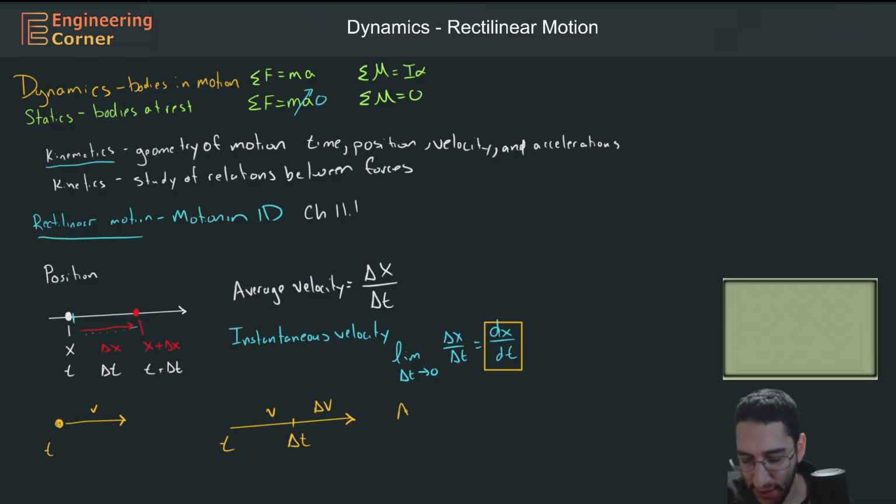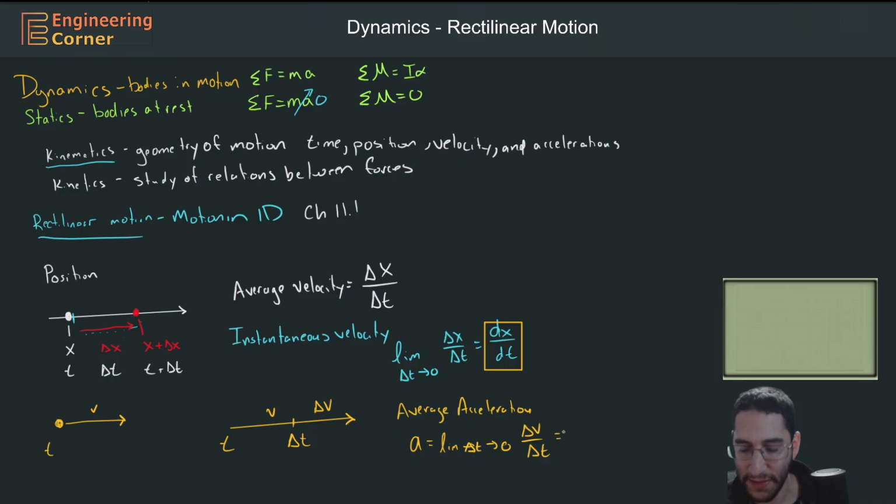My average acceleration is going to be the same idea. I'm going to make these time steps smaller and smaller. So my acceleration is going to be equal to the limit as delta t approaches 0 of my change in velocity over my change in time.